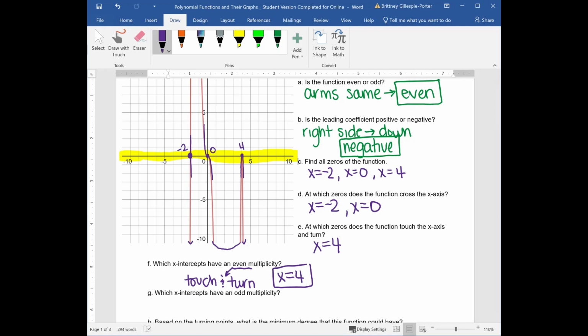So that is our only x-intercept with even multiplicity. Remember that odd multiplicity occurred whenever you crossed the x-axis. So if we go back up, we crossed at x equal to -2 and x equal to 0.